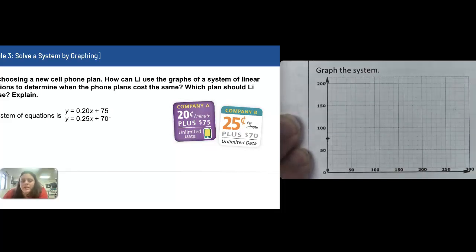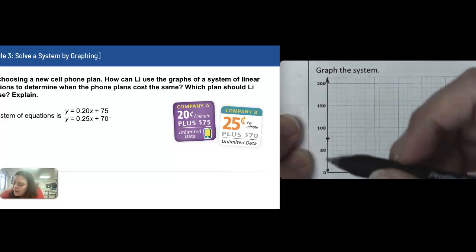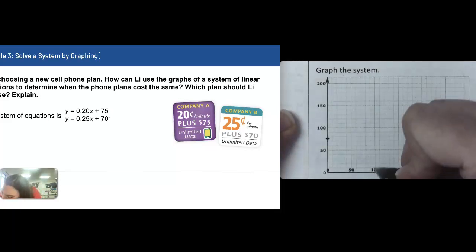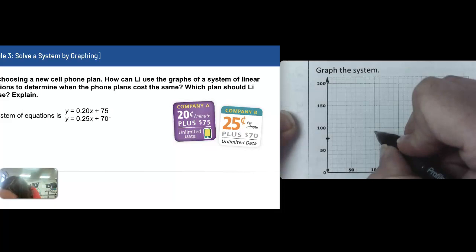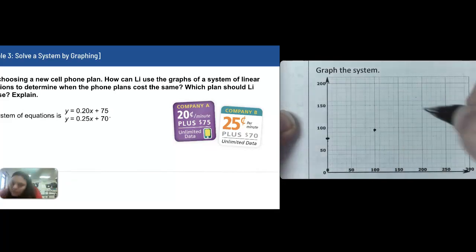Or we could plug in a number that's going to make it a little bit easy on us, like 100, since that decimal goes to the hundredths place, and see what that point would be. So if I plug in 100 for x, 0.2 times 100 is 20, and then 20 plus 75 is 95. So at 100, this would be 90, 95.